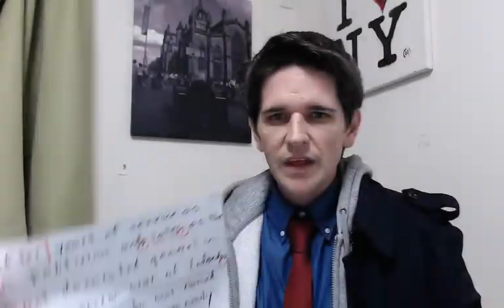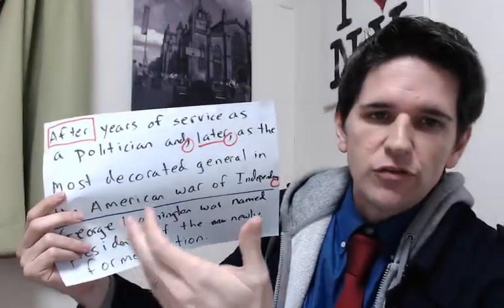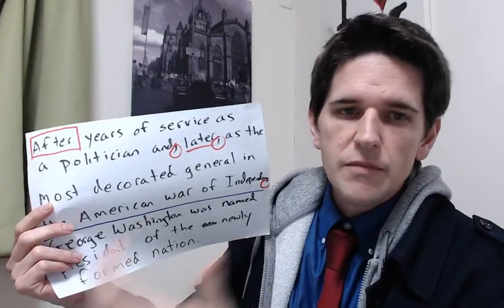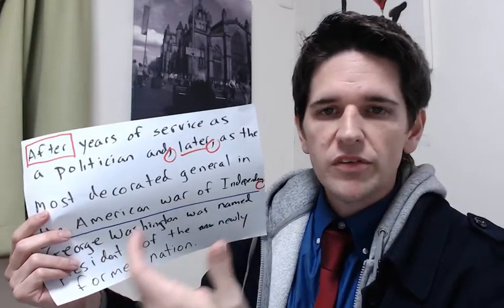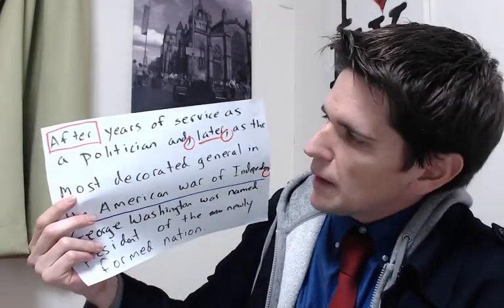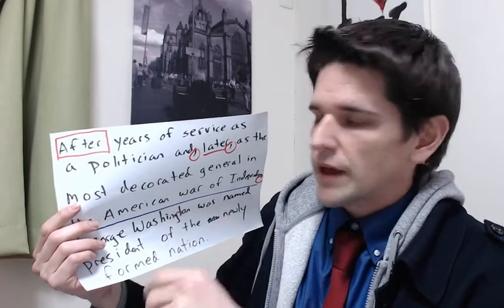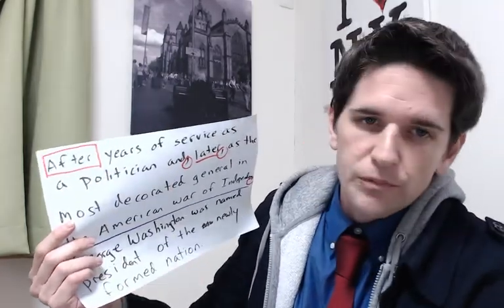Now, how does it work? I'll show you a couple different ways for you to be able to see the main idea, to see the simplified version. Basically, sometimes you have what I call signal words, and I've circled them here. This one, after.